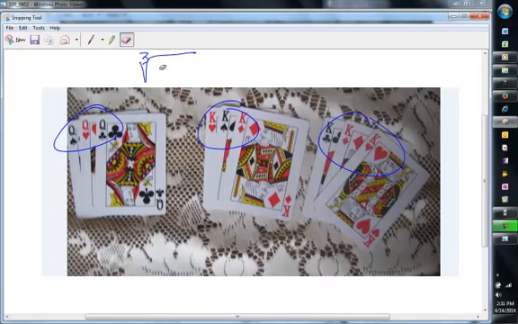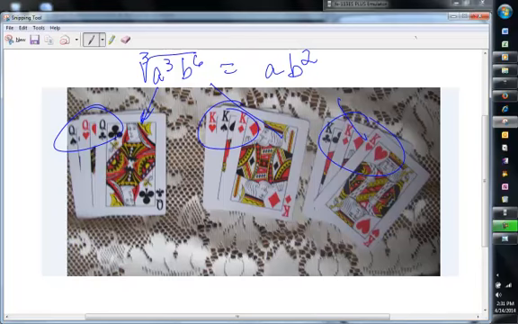They have A to the 3rd, B to the 6th. So we have one group of A's and 2 groups of B's. So the cube root of A to the 3rd, B to the 6th is one group of A's and 2 groups of B's. There's one more example that they have.